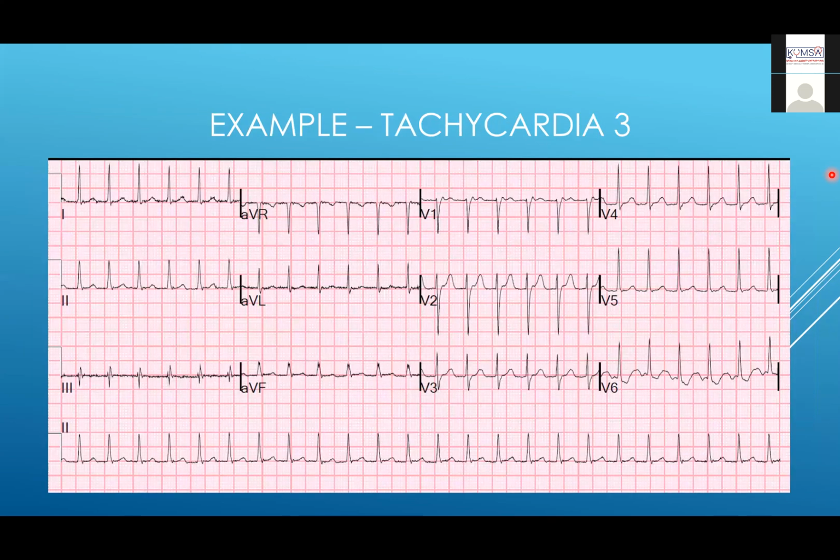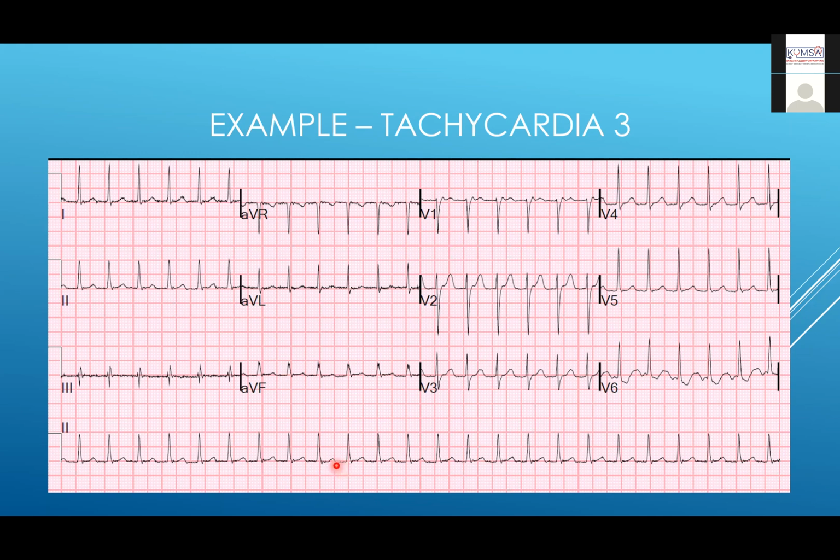This one is more classical SVT, and what we see here is a regularly regular rhythm, and I'll tell you why now. There are QRS complexes, and the rate is around 150. You would think there are no P waves.